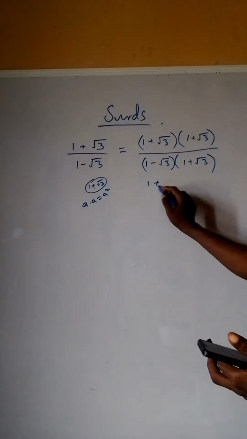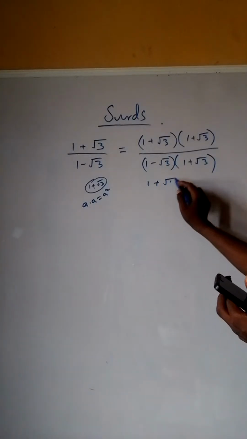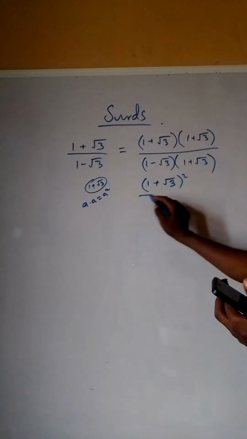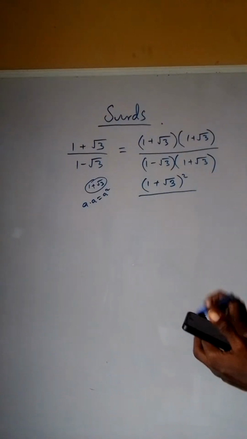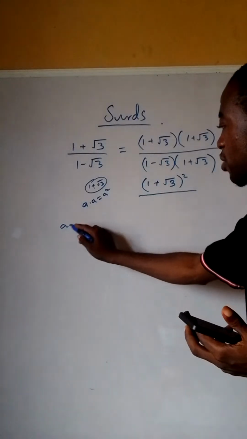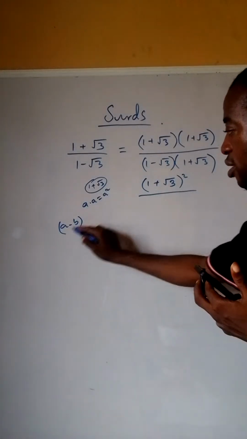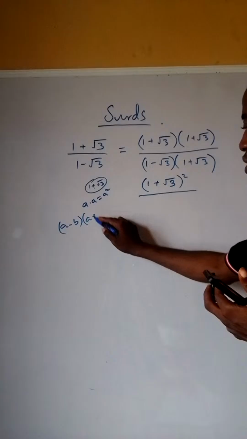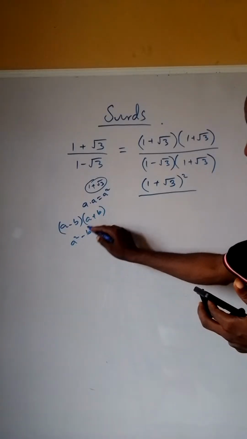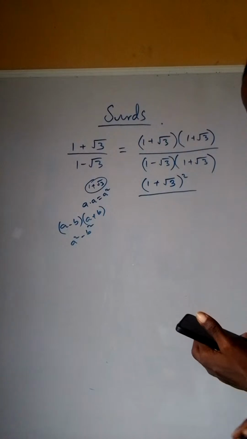Can write it as 1 plus root 3 all squared. Then divided by, also here, this follows when we have a minus b in brackets, open bracket, a plus b. This is the same thing as a squared minus b squared, which is the difference of two squares.